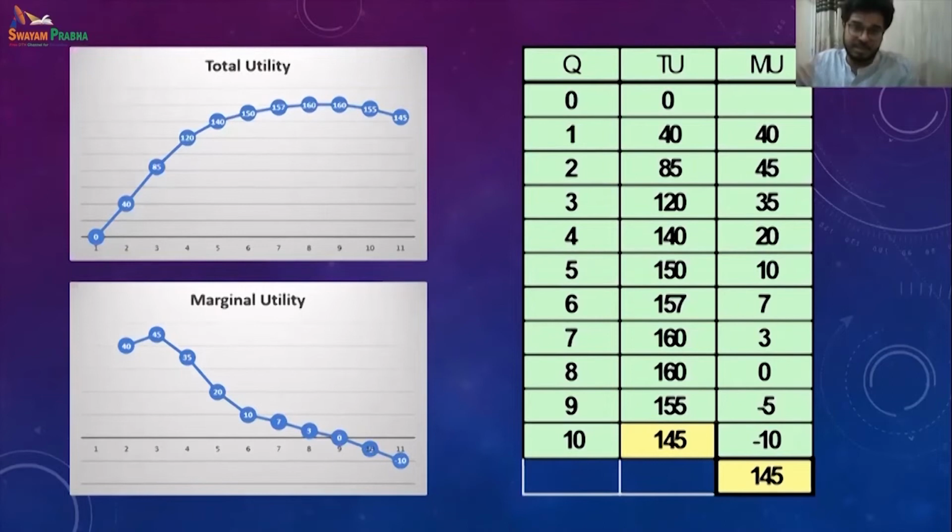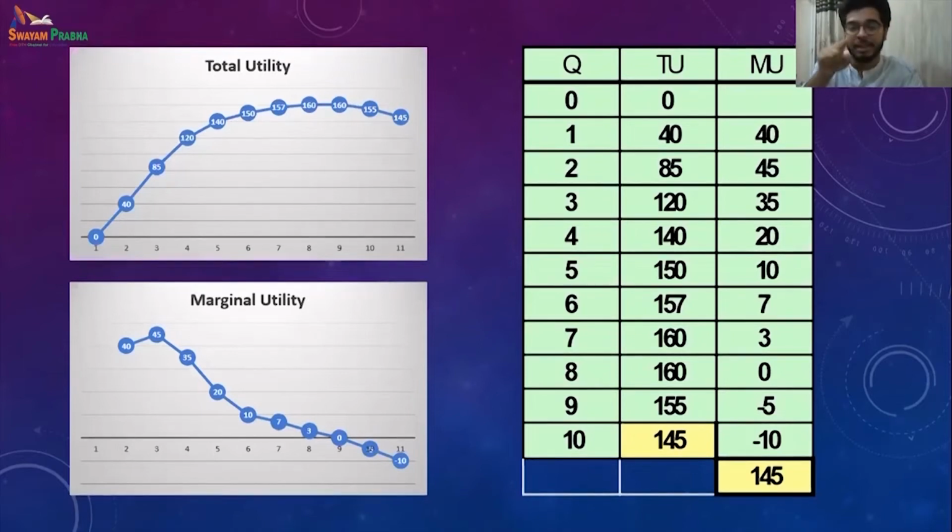And when it decreases, consumption is actually causing you pain. You are not liking it, you are hating it. So too much of even good things is not good. Too much of anything is not good. That is what we are observing in this example.